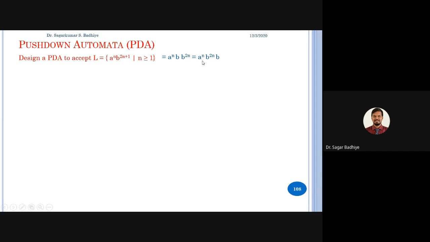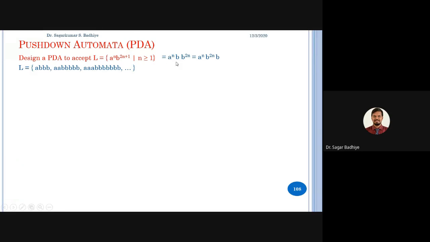Or you can simply design a pushdown automata that will accept this particular language, and from there you can read a b and go to a particular configuration from where you can accept a string. So first read this particular format and then traverse a b. Traverse means you will not perform push, neither push nor pop, just you will traverse, right?